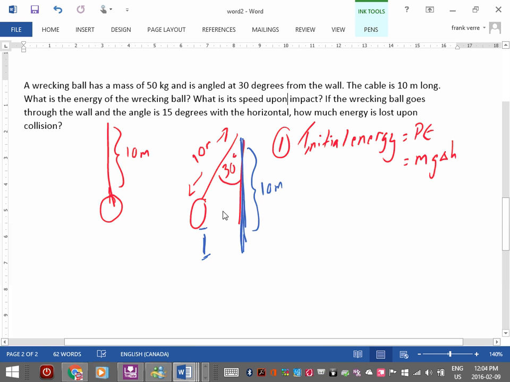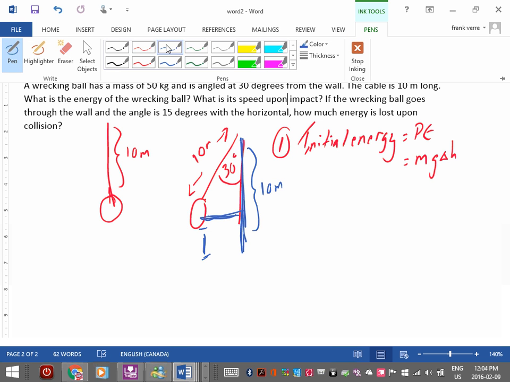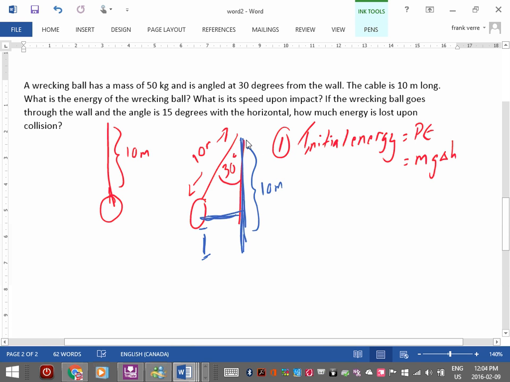We can figure out how much its height changed using some simple trigonometry. We're going to convert this to a triangle and look for this component from here to here.